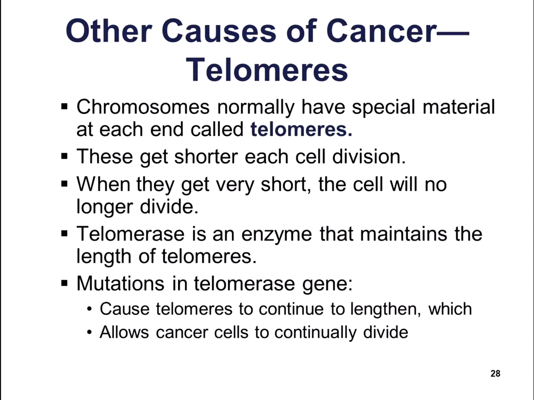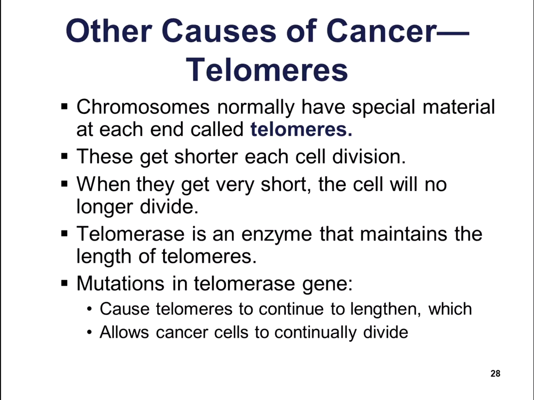Other causes of cancer. Telomeres. Chromosomes normally have special material at each end that are called telomeres. These get shorter with each cell division. When they are very short, the cell will no longer divide.